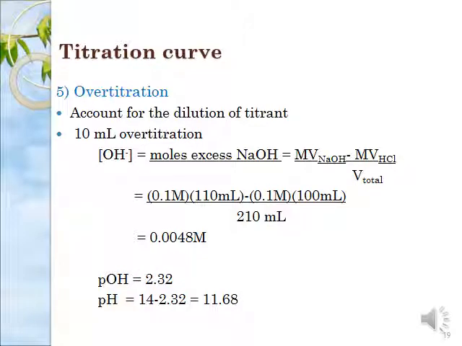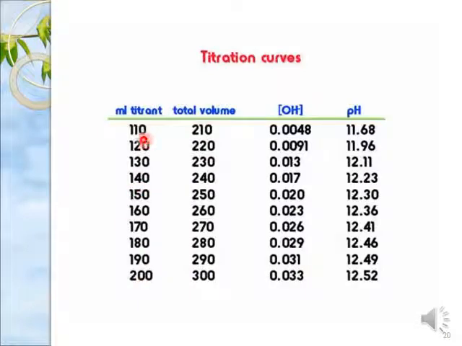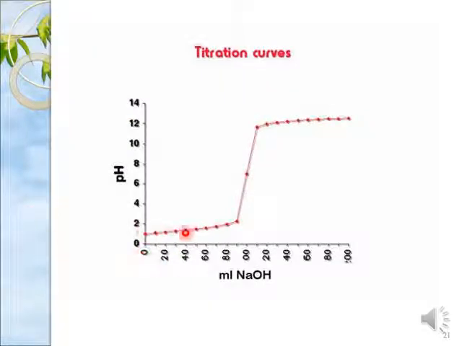So we do it for the subsequent additions of titrant, let's say 20 ml, 30 ml, 40 ml until 200. And now let us see the plot. So this will be the typical plot for acid-base titration. This is strong acid, strong base.